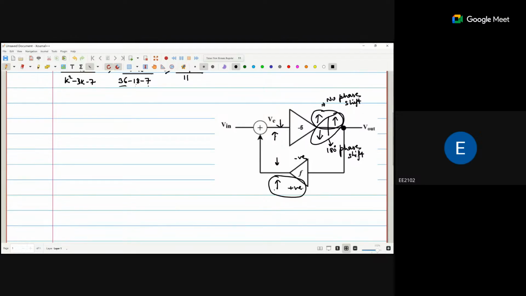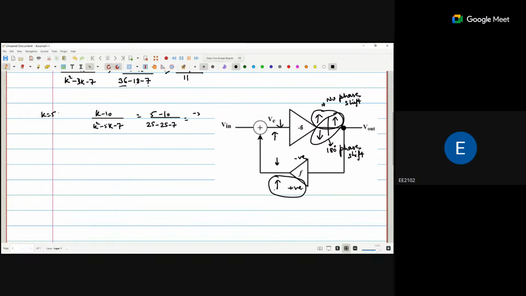Now we are checking. We have k minus 10 upon k square minus 5k minus 7, and the k value is 5. So 5 minus 10 divided by 25 minus 25 minus 7.